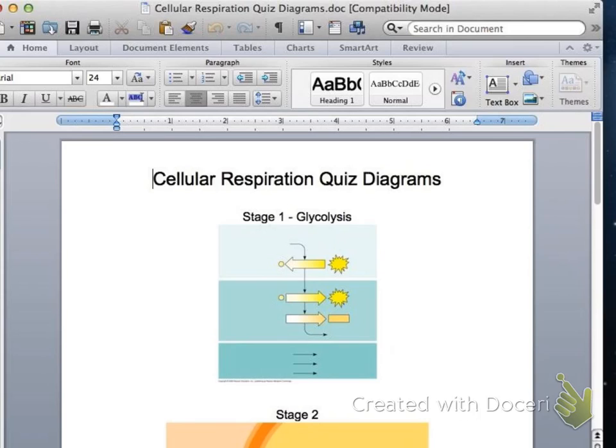We need to know the products and the reactants. So what I'm going to focus on is starting with glucose and ending with a compound called pyruvate. We're also going to follow along with some of the other compounds that we see in the cellular respiration equation.